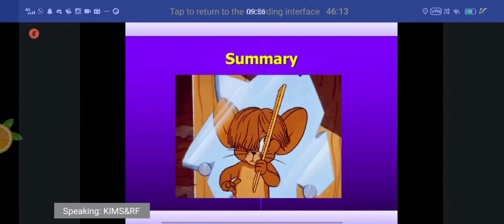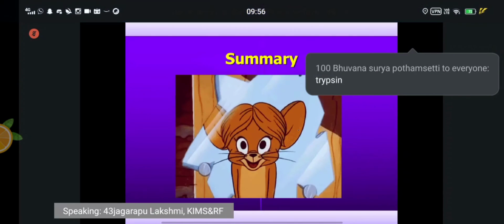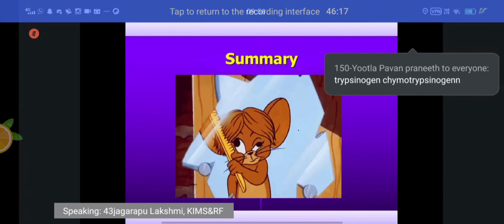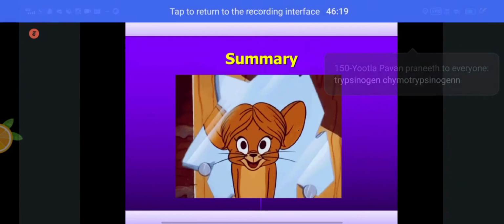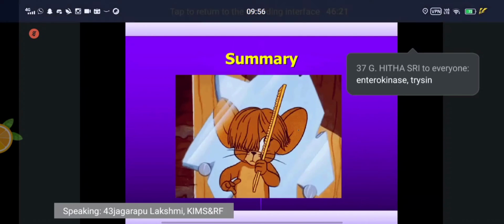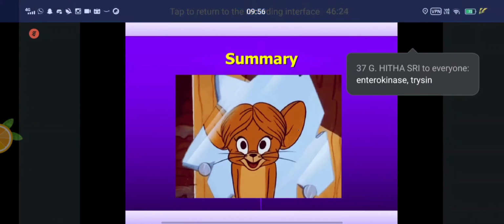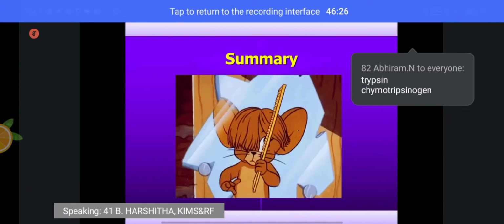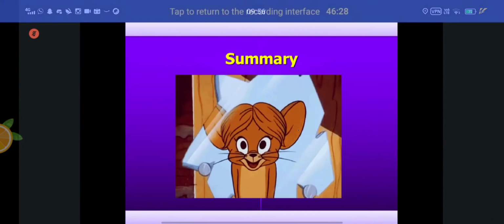Very good. Trypsinogen, chymotrypsinogen, and one more. Carboxypeptidases. Very good. Then what are the lipolytic enzymes present in the pancreatic juice?